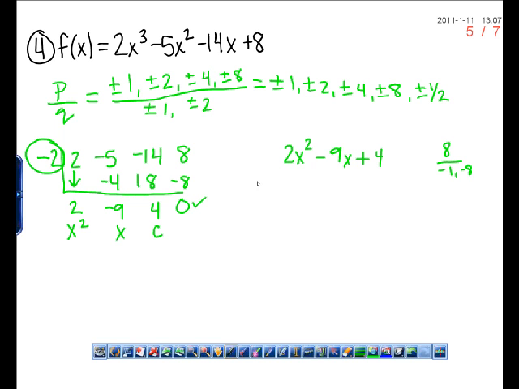What did you get? Good. 2x minus 1 and x minus 4. So what are my other two roots? 1/2 and 4.